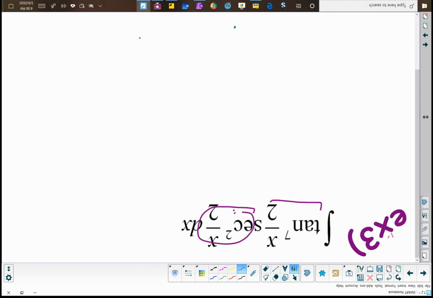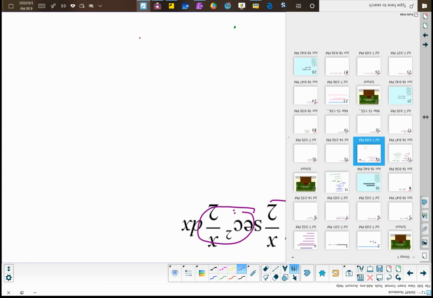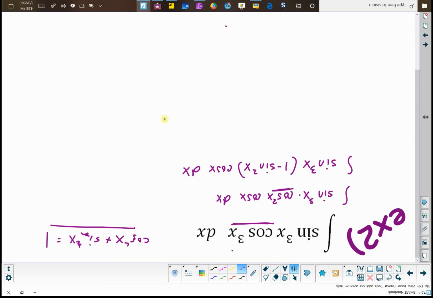The derivative of sine is just a cosine, so I'm going to let u be sine x. Then du is cosine x dx. Divide, I get 1 over cosine x du equals dx.